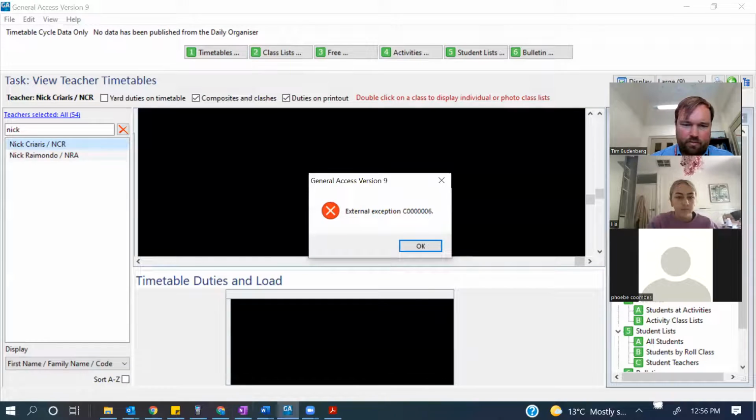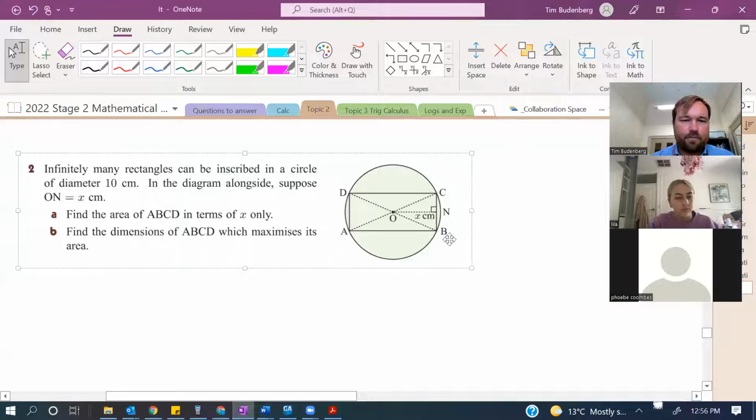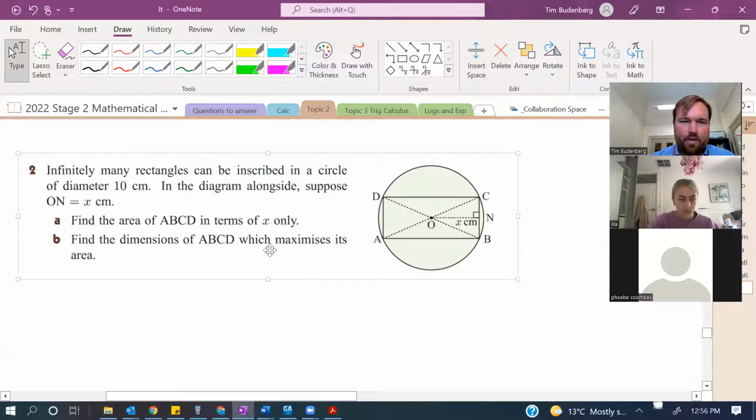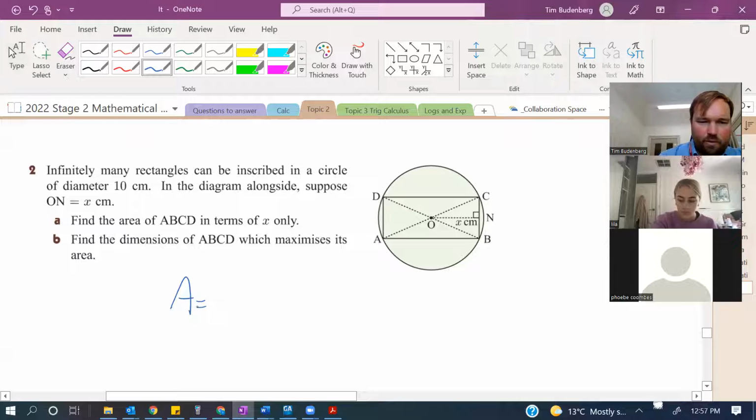Find the area in terms of x only. So you were saying the area is what, 4x? Oh no, the area is 4x times the square root of 25 take x squared.